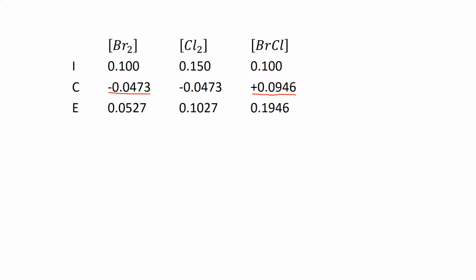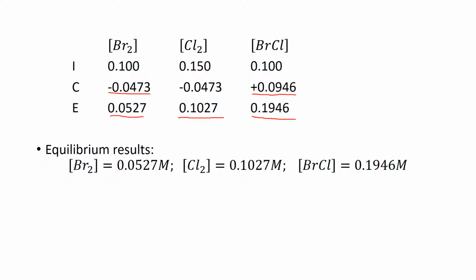Adding these together, I get these three numbers, and these are the three equilibrium concentrations. Bromine is 0.0527, chlorine is 0.1027, and BrCl is 0.1946, as stated here.